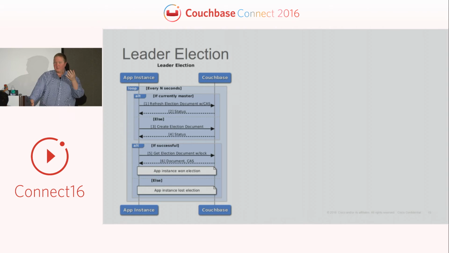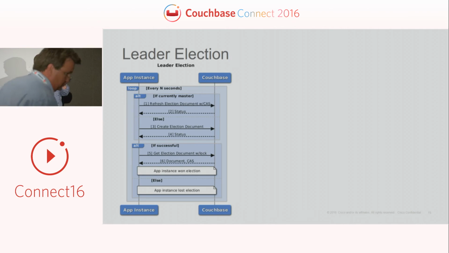If you are the leader, if you're currently master for a given key, then you refresh the document every few seconds, and you do that just by doing a replace on the key. If you're not the leader, then you try to create it every few seconds. And if you're able to create it, then that means you're the leader and no one else has the token.